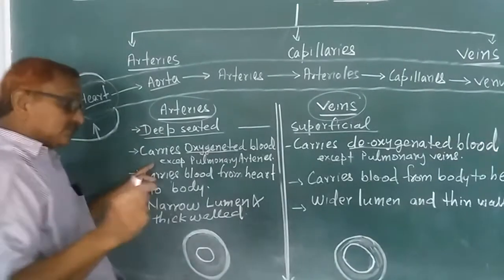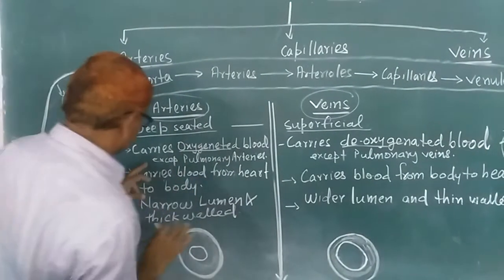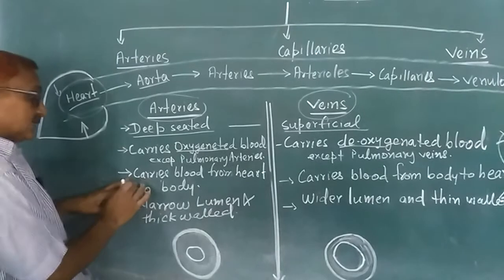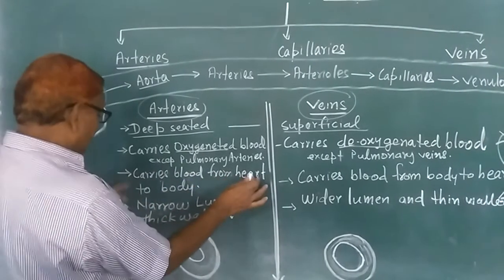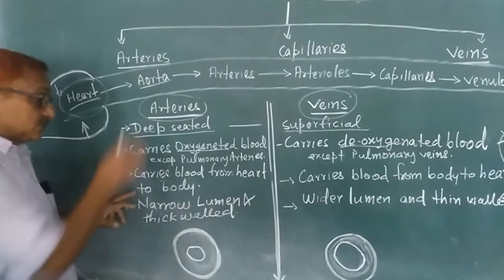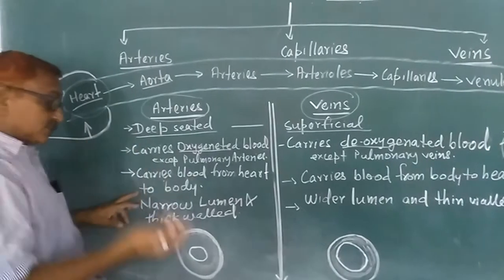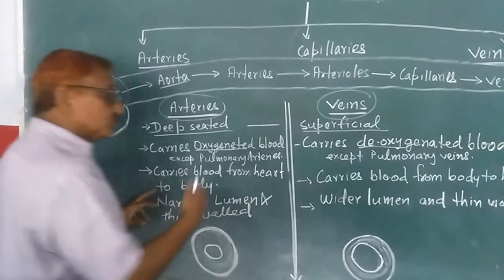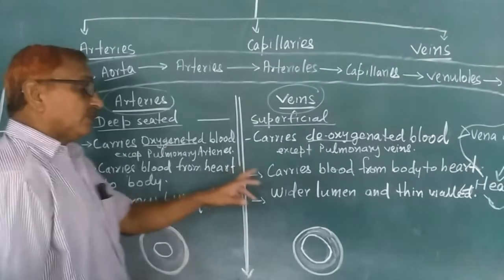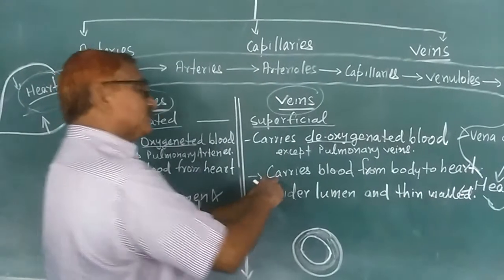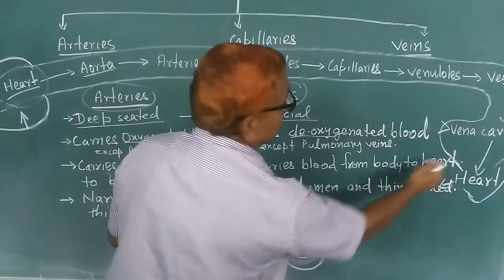The artery which goes to the lungs carries deoxygenated blood. Arteries carry blood from the heart to the body, transporting blood from the heart to different parts of the body, while veins receive blood from different parts of the body and bring it to the heart.